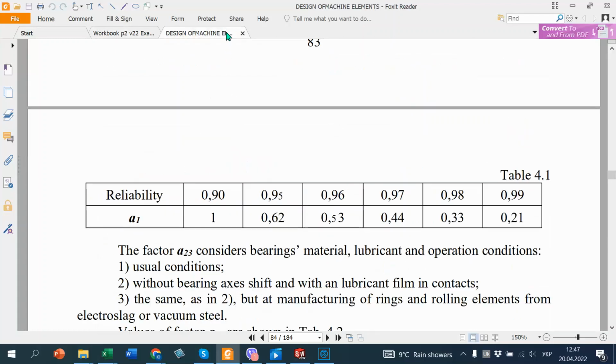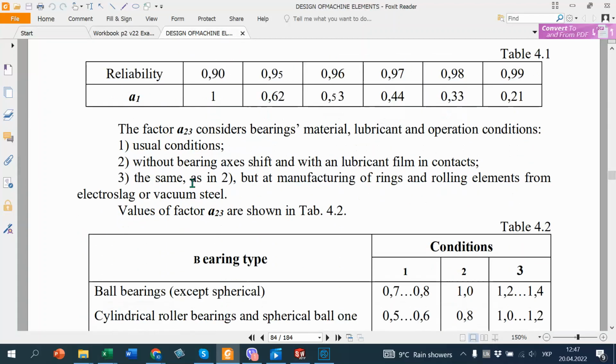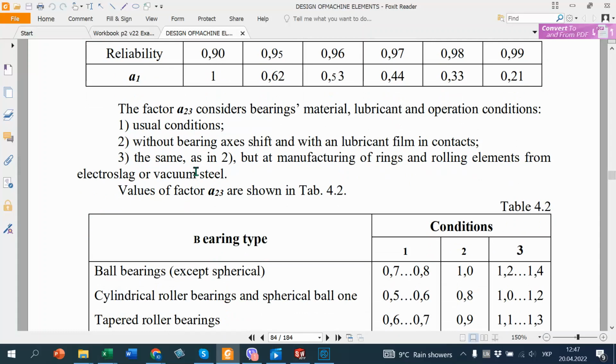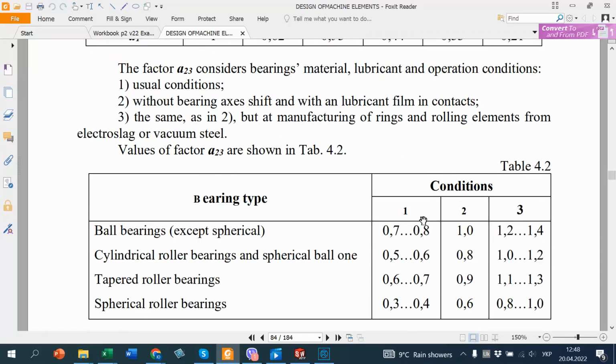Operating condition factor A23 for usual conditions should be taken from the first column. For our case, when we use ball bearings, it may be 0.7 to 0.8.